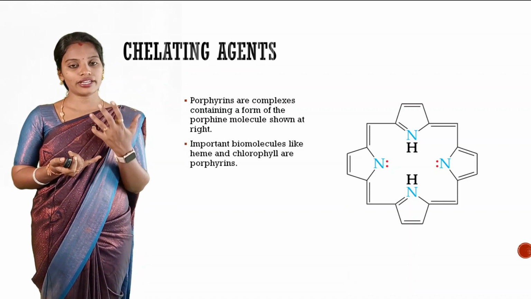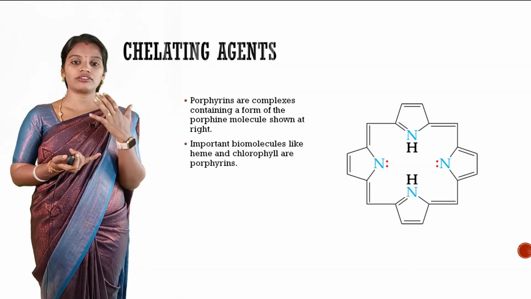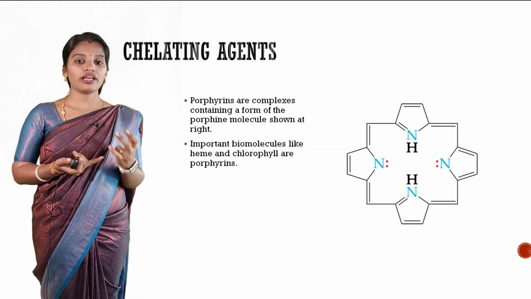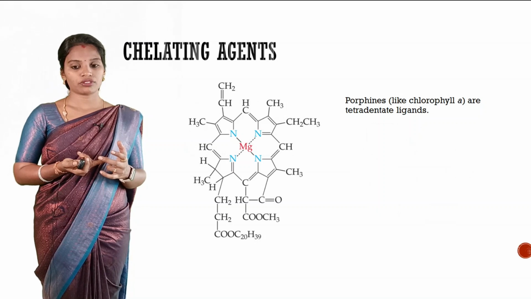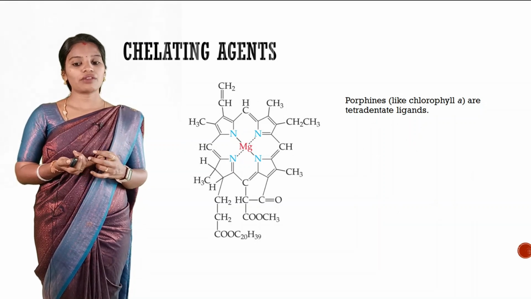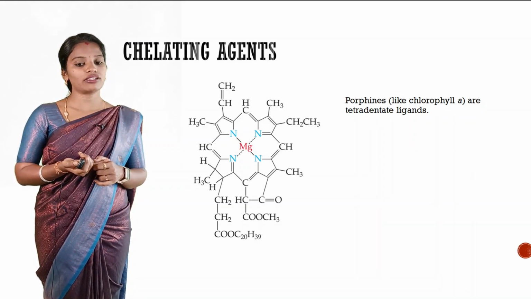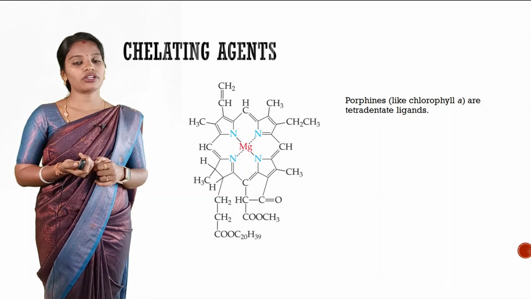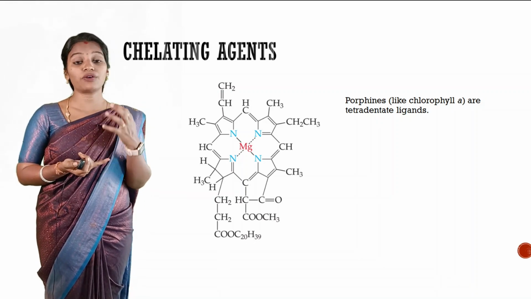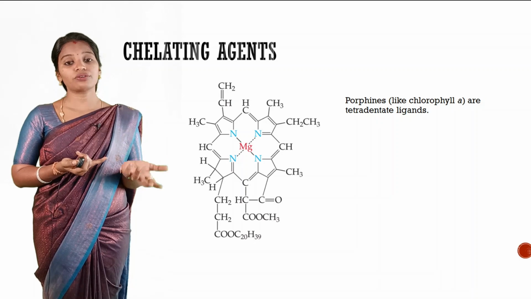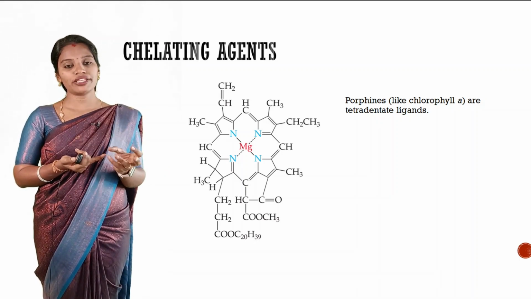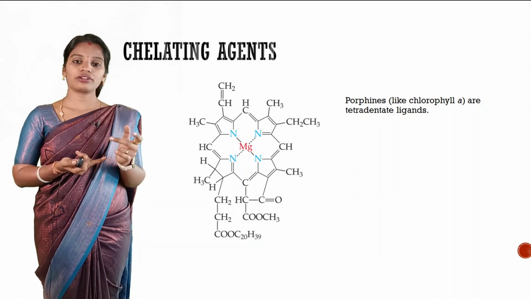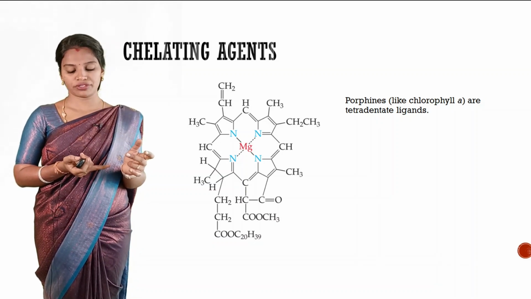It is present in hemoglobin as well as chlorophyll. Porphyrin is a tetradentate ligand, so it contains 4 donating nitrogen atoms to the central metal atom. In hemoglobin, iron is the central metal atom, and in chlorophyll, magnesium.